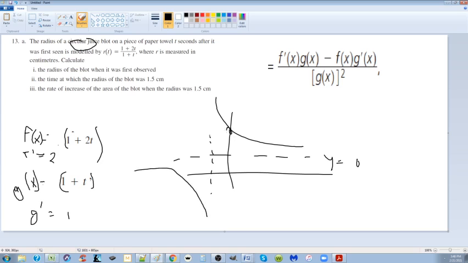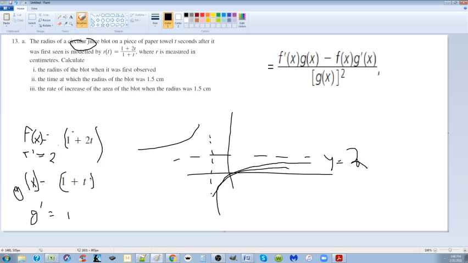So we can see time here, the blot here, although it should be increasing. I know what's going to happen here. It's going to be like that, probably. So that means there's a blot that's increasing, and it's never going to reach y is equal to 2. Never going to get up to a 2 radius.